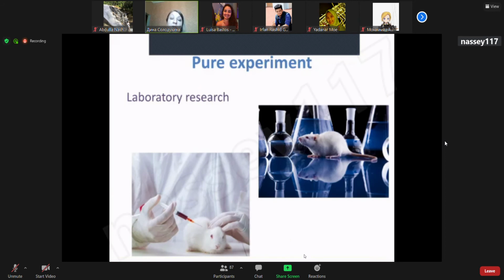The first study design in experimental group is obviously pure or laboratory research. It's really important to remember that we must be very grateful to participants of pure experiments, which are often becoming victims of researchers, but without them, it's hard to conduct any experimental study.